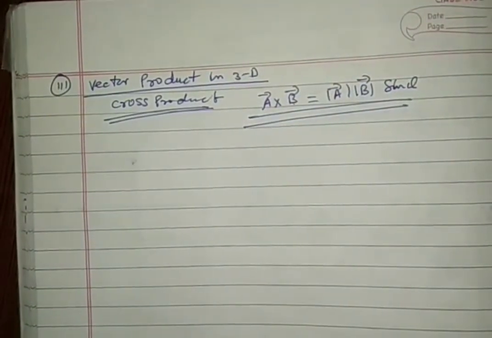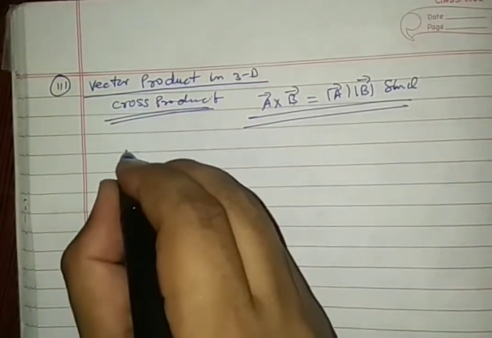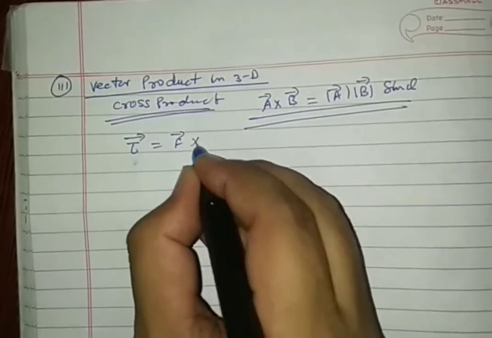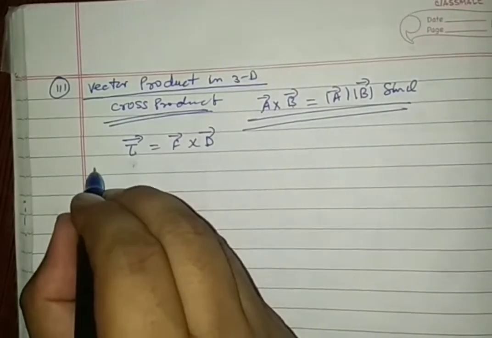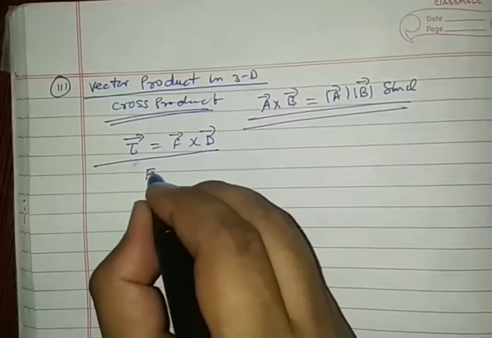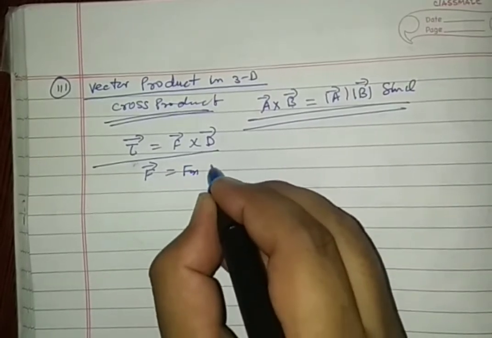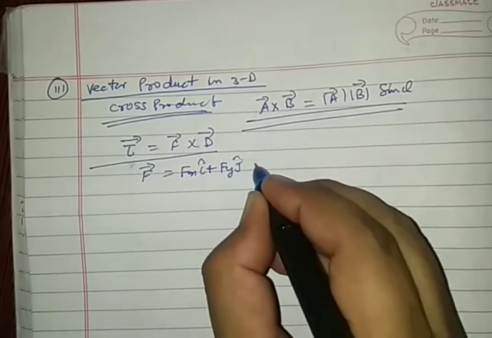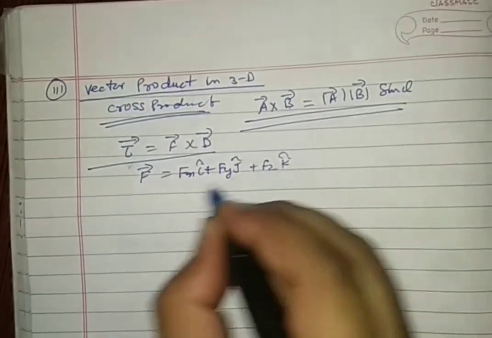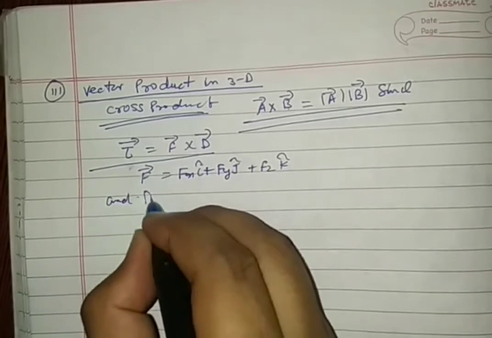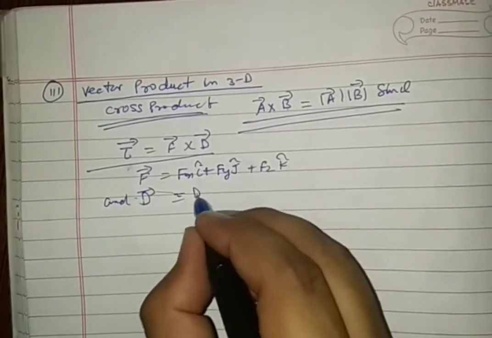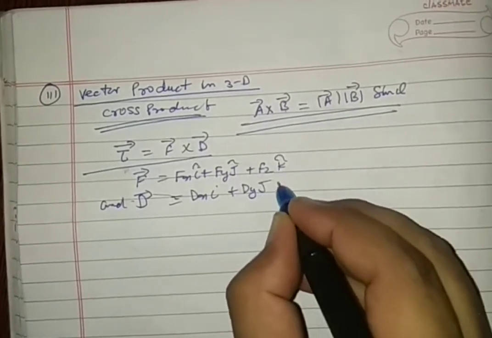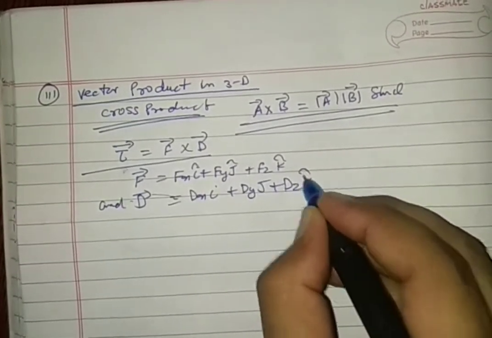We will obtain this by taking the formula torque is equal to force into displacement. To make it clear, F is fx i plus fy j plus fz k, and displacement vector d is equal to dx i plus dy j plus dz k. This is a vector.